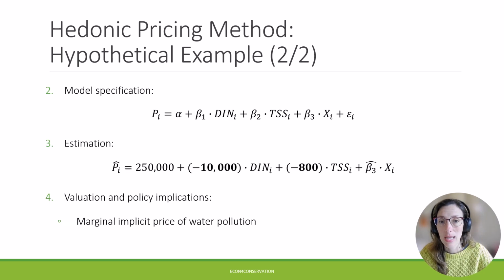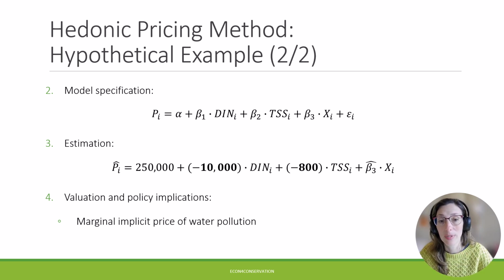The second step is the model specification. Usually we use a log linear or a log function, but you can test other functions to see which one has the best fit considering your data. In this example, I assume a simple linear hedonic price function. So here you can see the equation.